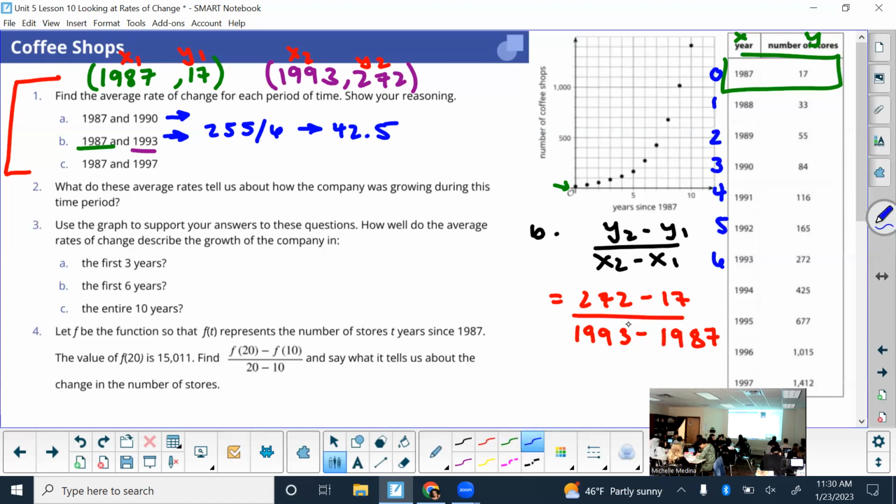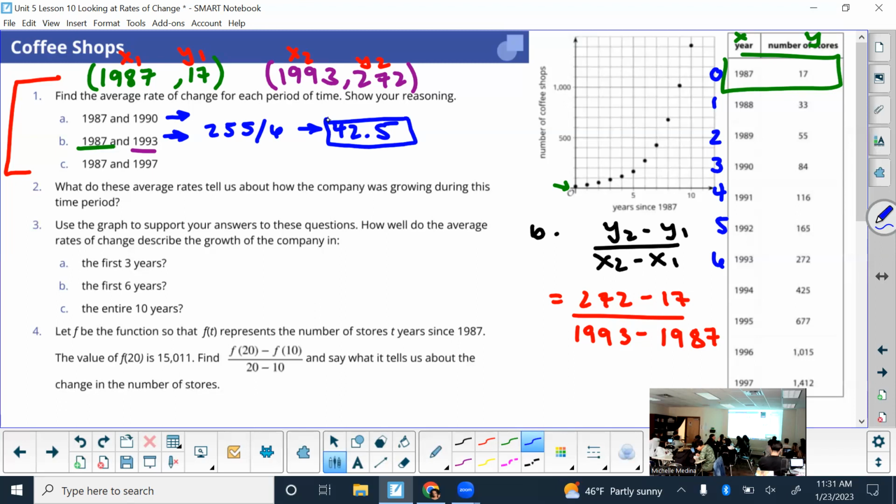That's why I also accepted the years. Now is 272 minus 17, 255? Yeah, that's how they got that. And then 1993 minus 1987, is that 6? So then divide those out. This is my average rate of change, so 42.5 for B.